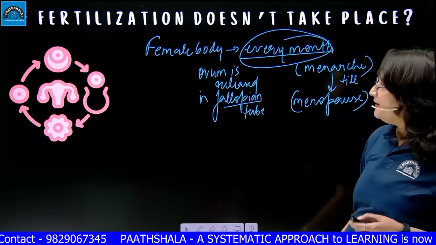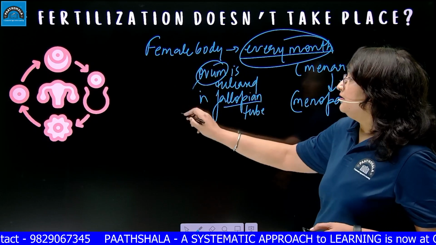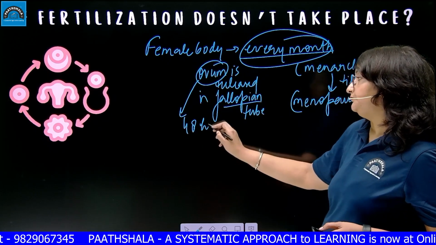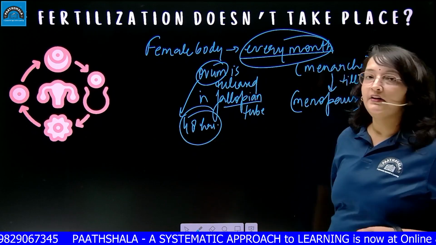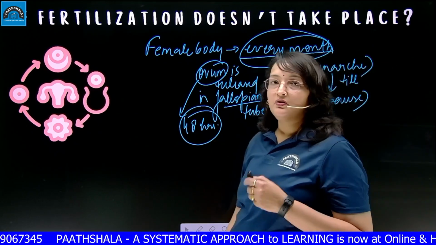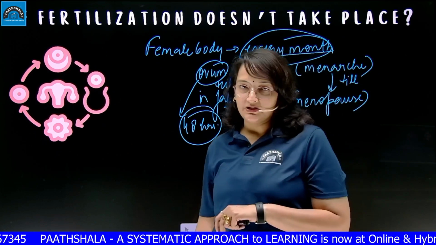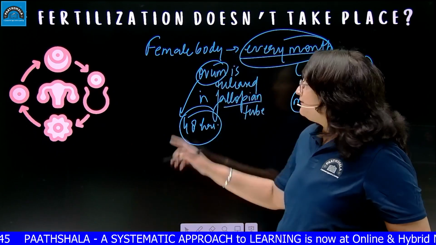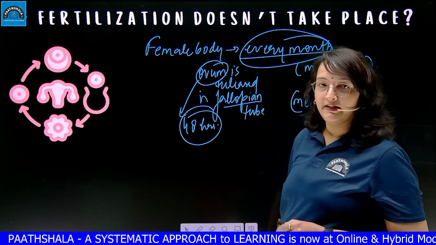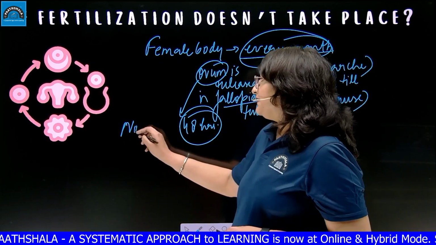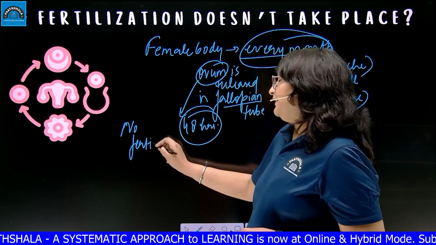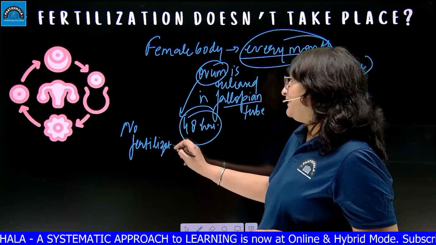And this ovum remains viable for 48 hours. During these 48 hours, if sexual intercourse takes place, then fertilization will take place. Or else, if fertilization does not take place, what happens? If no fertilization occurs, then what happens?